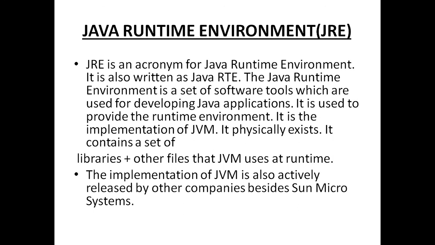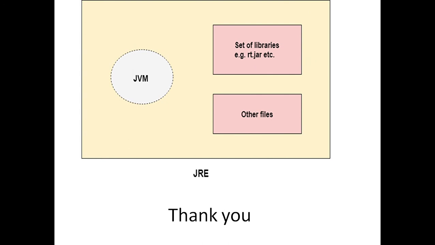The implementation of JVM is also actively released by other companies besides Sun Microsystems. What is JRE? JRE means JVM plus a set of libraries plus other files. The set of libraries are, for example, rt.jar, etc.